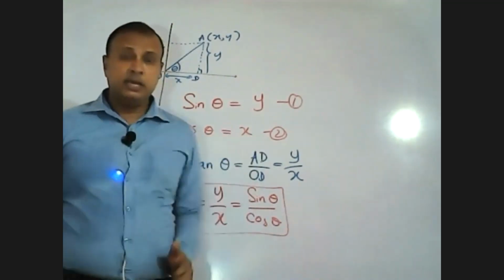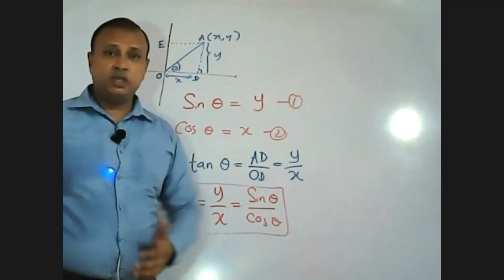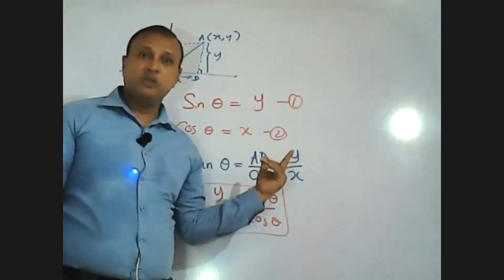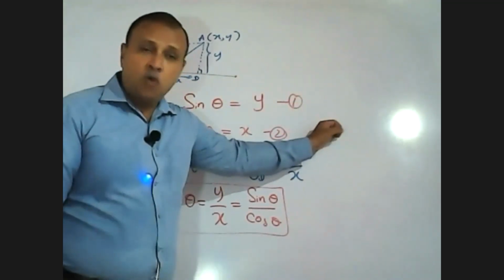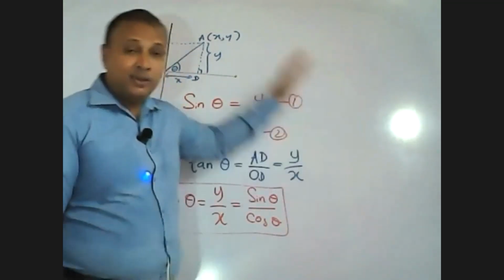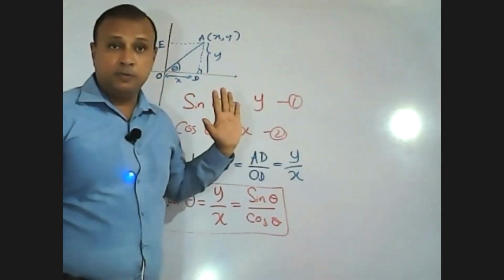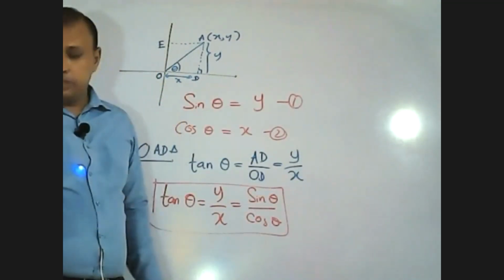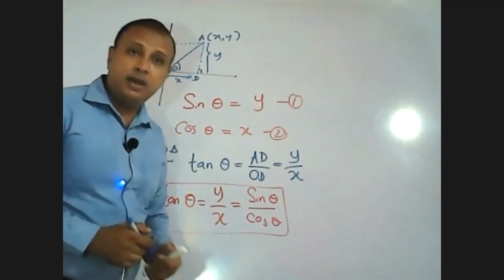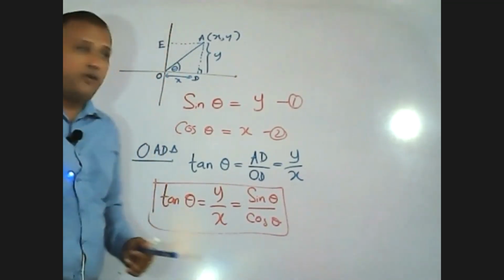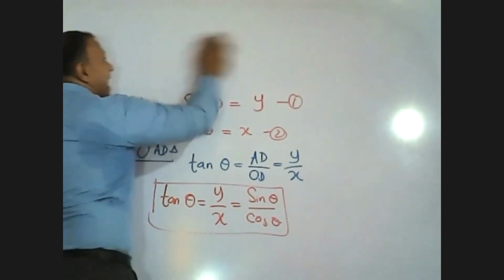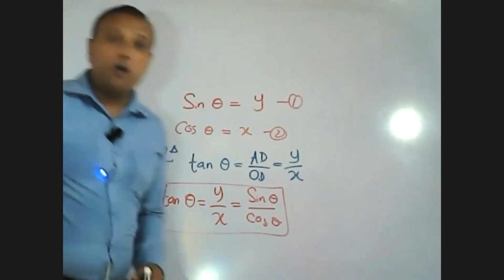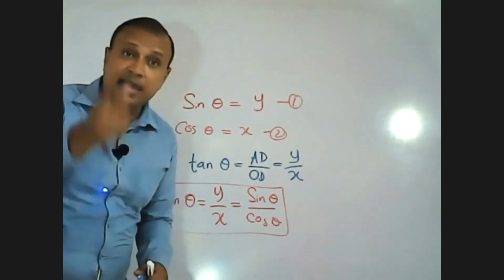According to our definitions using the unit circle, the x coordinate is equal to the cos value and the y coordinate is equal to the sin value. Therefore, we can define the x axis as the cos axis and the y axis as the sin axis.